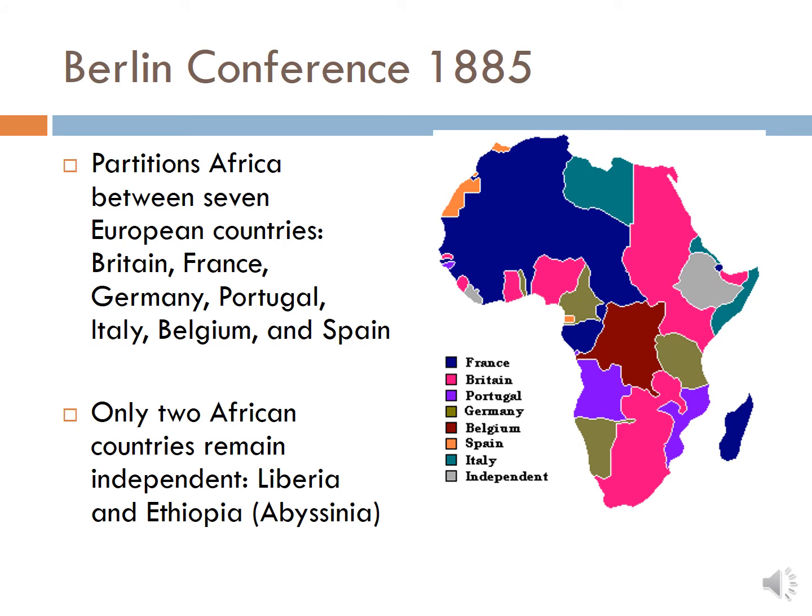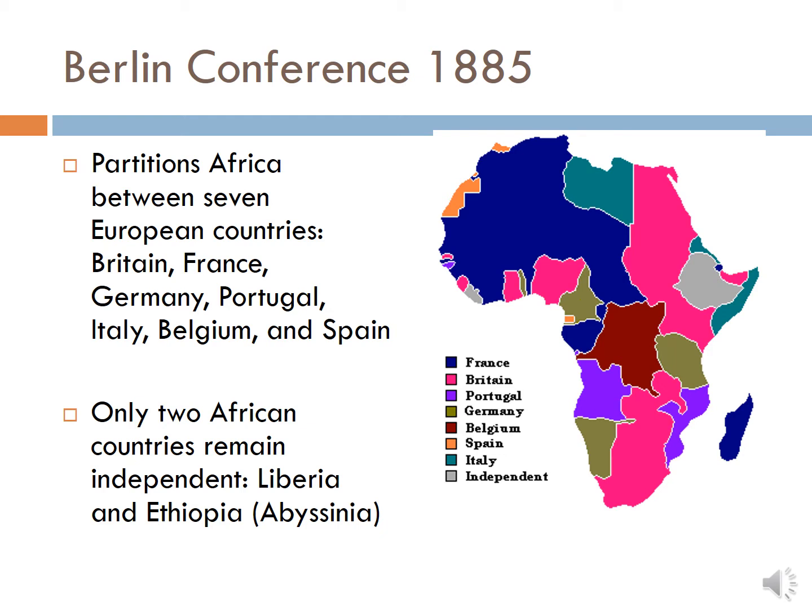Here's an example of European imperialist expansion, and a really good example is the Berlin Conference of 1885. This is when a group of 7 European nations came together in Berlin, Germany, to divide up the entire continent of Africa. That is the map that you are seeing there.